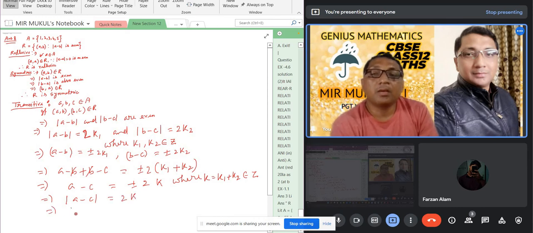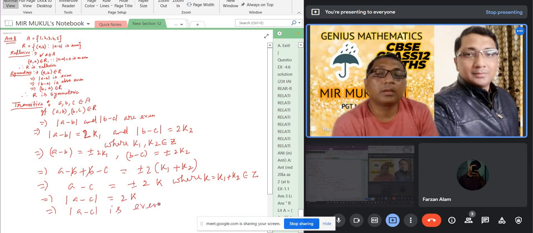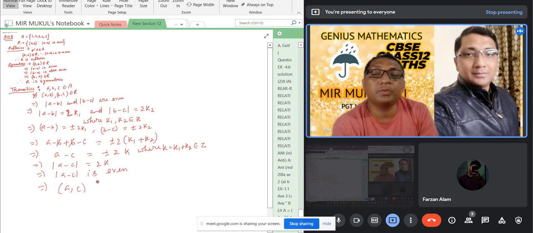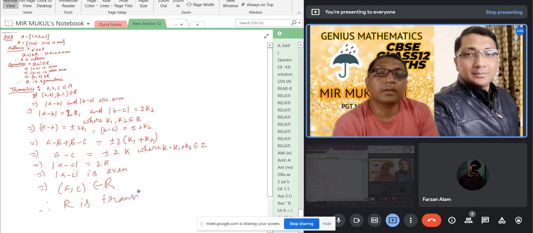It means mod of a minus c is even. The logic should be clear here. So we can say that (a, c) belongs to R. Therefore R is transitive. Yes, sir.